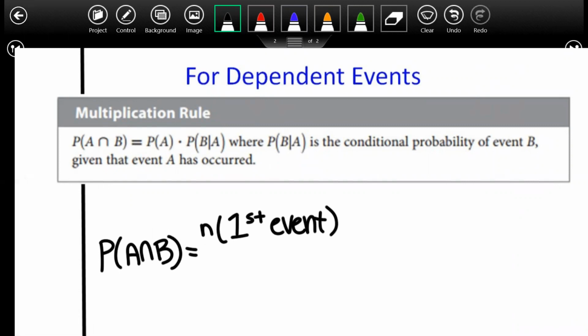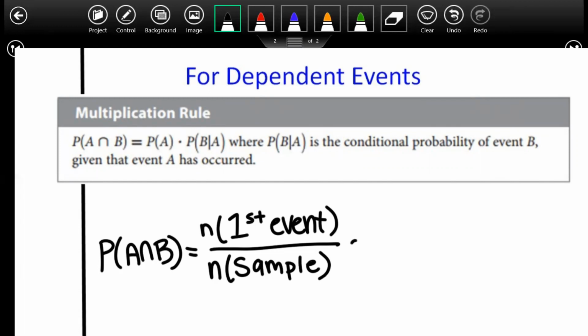Blue marble would be our first event, over the number in our sample size. This is the probability of just A. This is nothing new. This is how we find it. If there's 3 of 10 blue marbles, there's a 3 over 10 chance of probability.